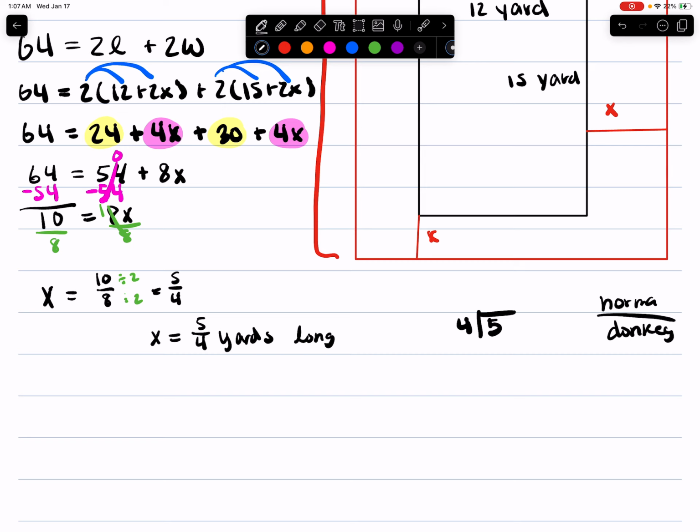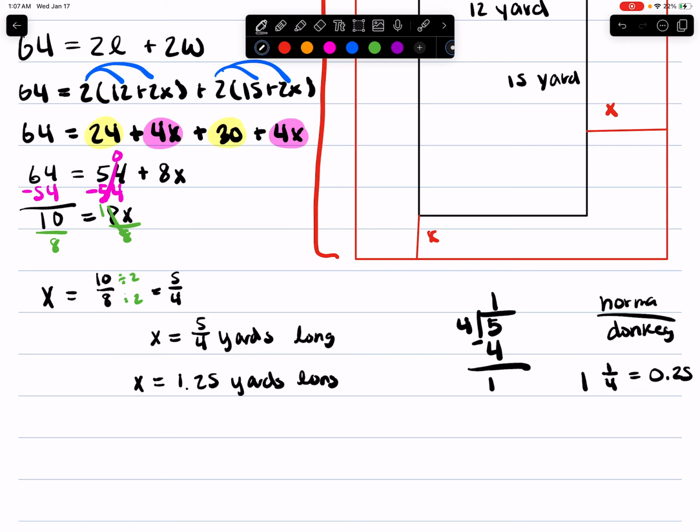But anyways, so then we ask ourselves, how many times does 4 go into 5? It goes in once. 1 times 4 is 4, and then we subtract them, and we get a remainder of 1. So 5/4 is 1 1/4, and 1/4 is equivalent to a decimal of 0.25. So x is 1.25 yards long.